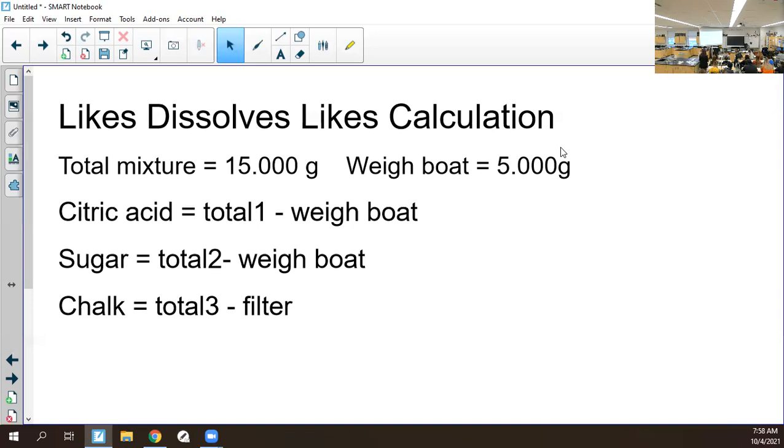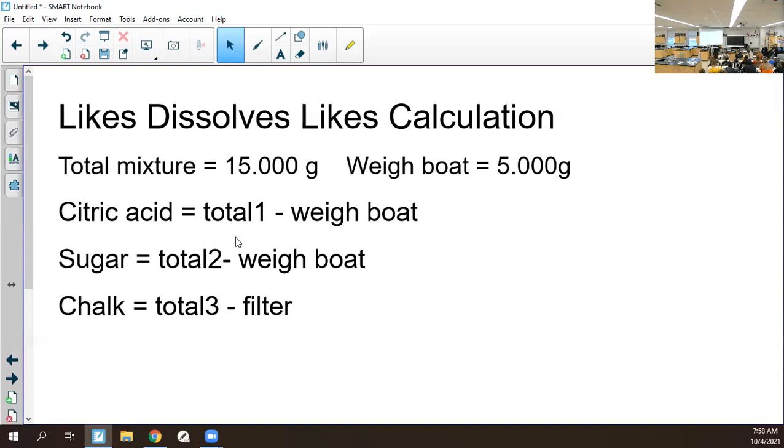Okay, so now we got to look at the total of our totals 1, 2, and 3. Totals 1, 2, and 3 is going to be the first line in each of our 3 sections. So for total 1, we'll say that that is 3 grams. Okay, so our first total for citric acid, the first line on the top right is 3, or sorry, shouldn't be 3 grams.